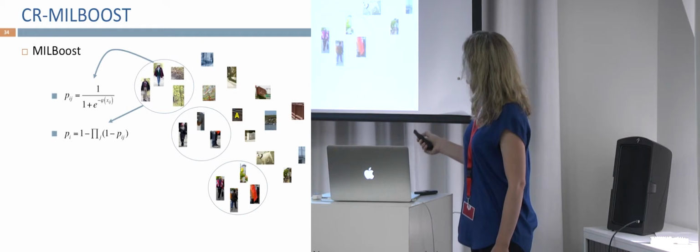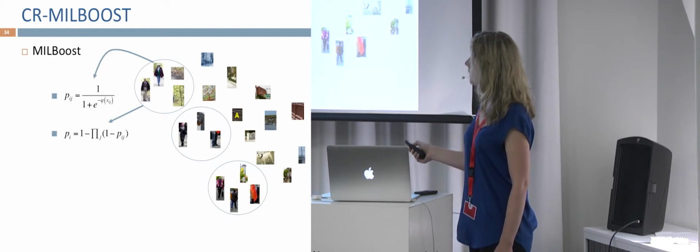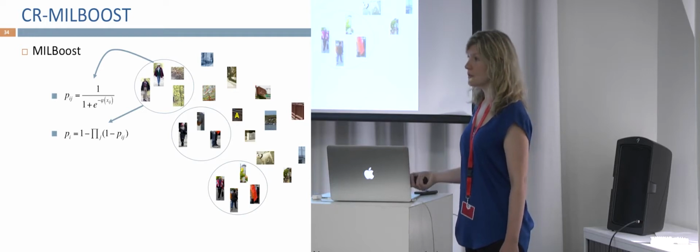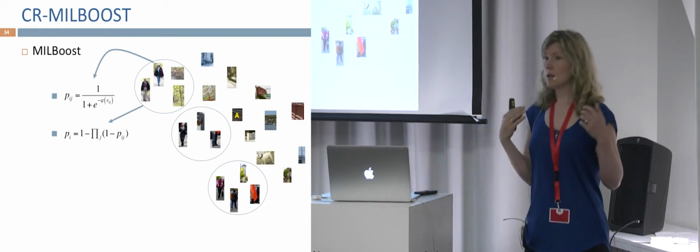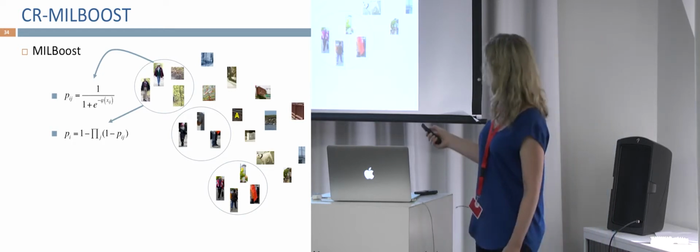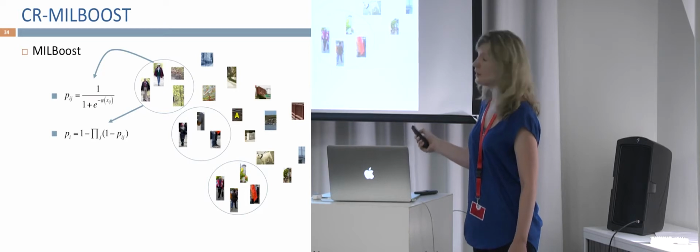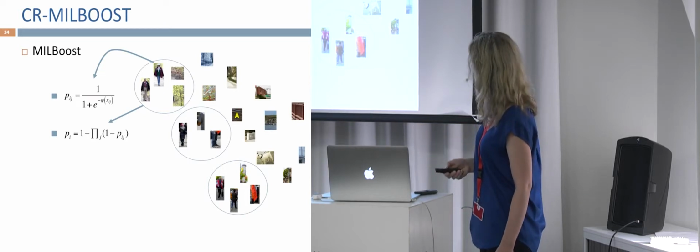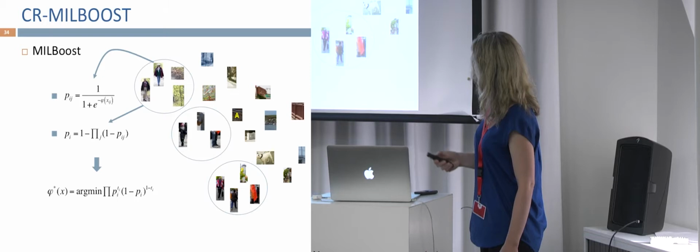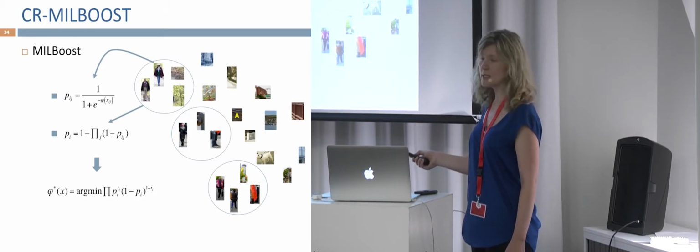And okay, so in MIL-boost now, to compute the probability for the entire bag being positive, we say it's 1 minus the probability that all of the examples are negative. So this is essentially saying at least one of the examples should be positive. So this Pi is now the probability that the entire bag is positive. And then, as before, we want to minimize some loss function to get our classifier phi.